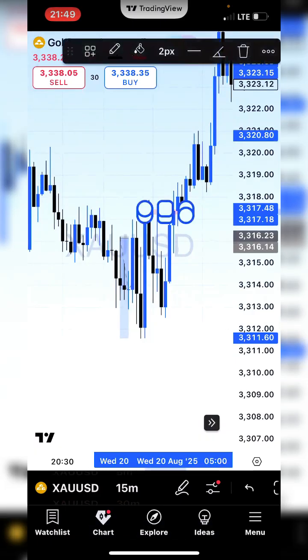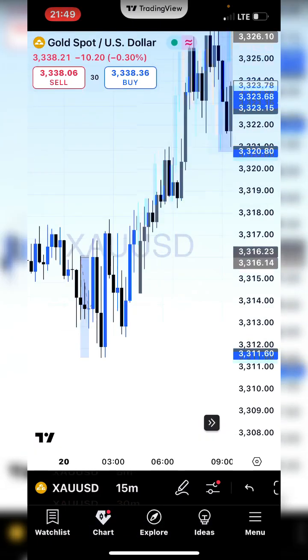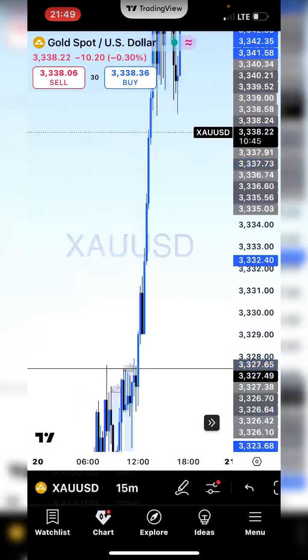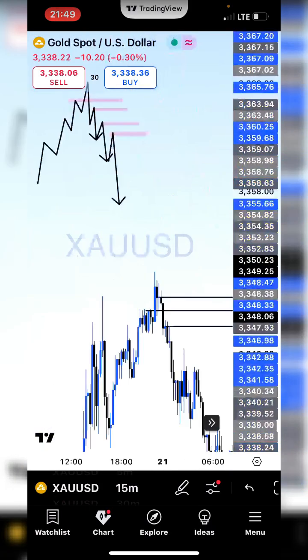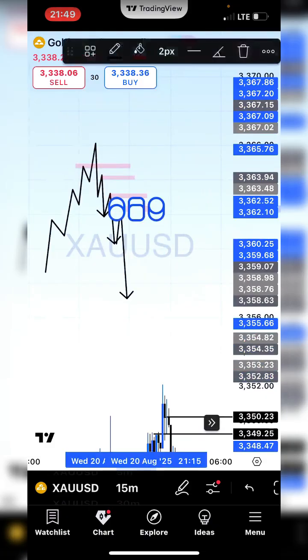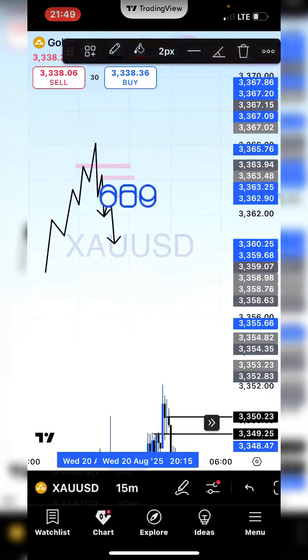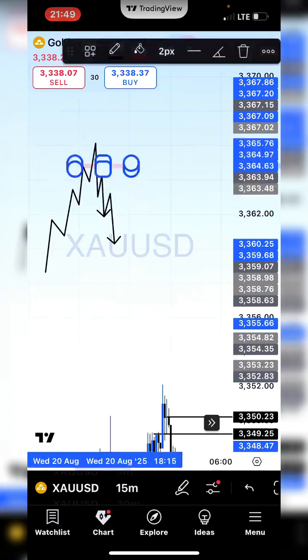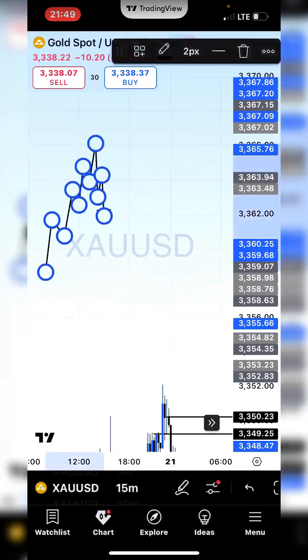Okay. So now the last structure that I use is break and retest. This one is for when we're doing higher time frame analysis and for confirmation entry. That's when we'll use the break and retest. As usual, everyone already knows this is basic knowledge.